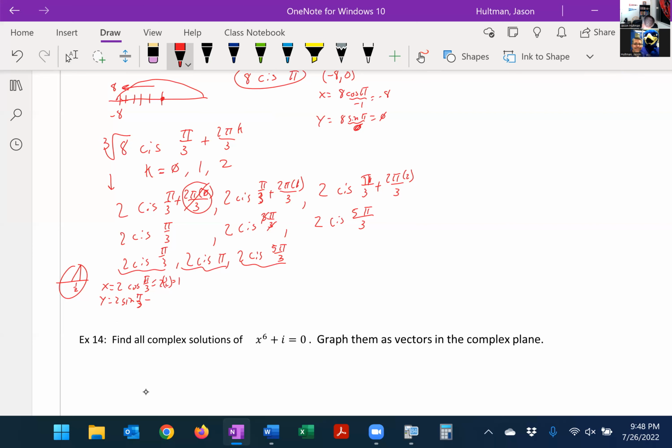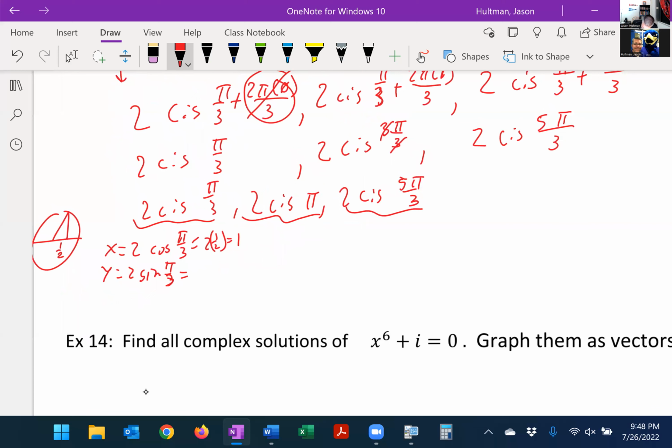Okay, and then y is going to be equal to 2 times radical 3 over 2, which is just radical 3. So the rectangular form of this is 1 plus radical 3i. Okay, so that's my first one.